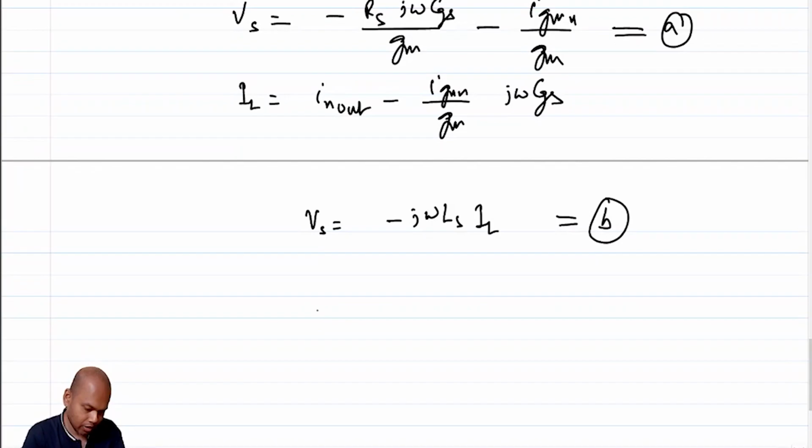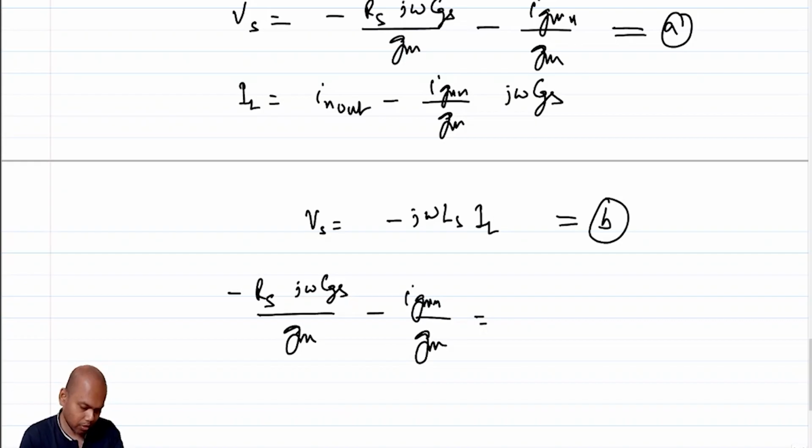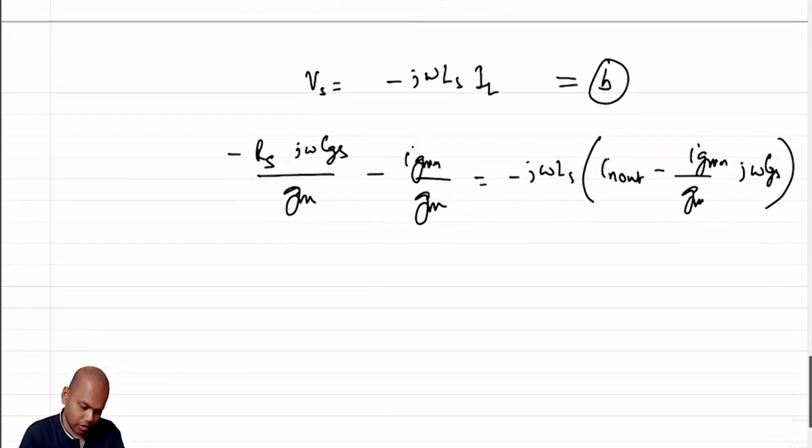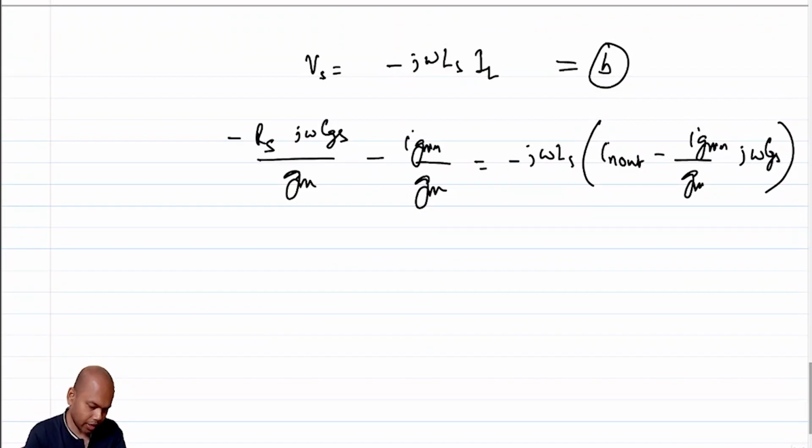We get minus Rs J omega CGS over Gm minus IGMN over Gm is equal to minus J omega Ls IL, where IL is IN out, minus IGMN over Gm times J omega CGS.